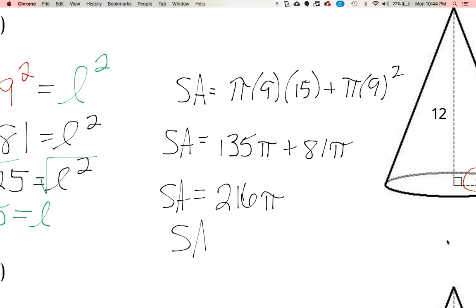And the benefit from doing it that way is I don't have to carry these decimals around when I do this, and then add 2 rounded decimals together. I'm just going to multiply them now and get 679 when I use the pi button. When I use 3.14, I get 678.